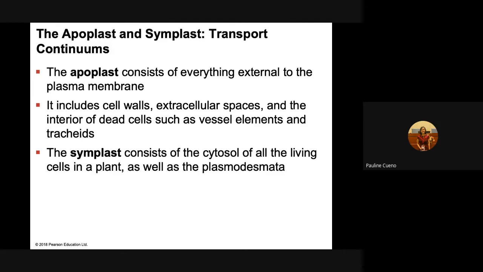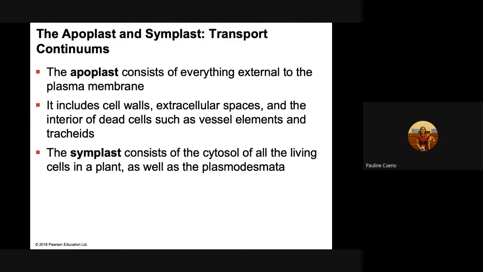Ano ba yung structure na external sa plasma membrane? Ito yung cell wall, extracellular spaces, and the interior of dead cells such as vessel elements and tracheids. So for the vessel elements at saka tracheids, no need to know them yet because you are just taking general biology. But always remember, ang apoplast po ay everything external to the plasma membrane.